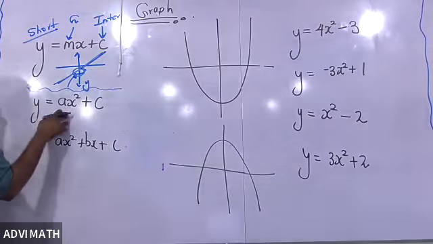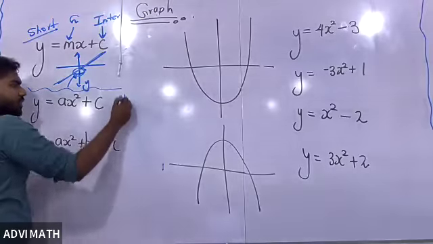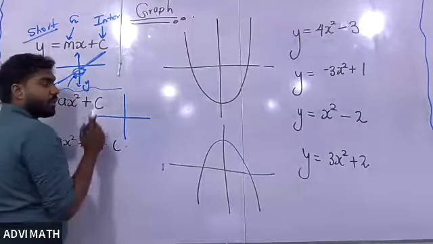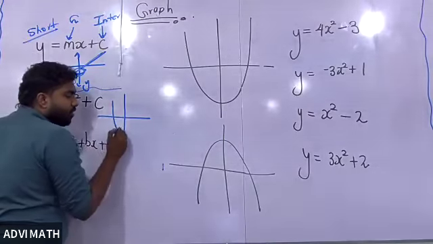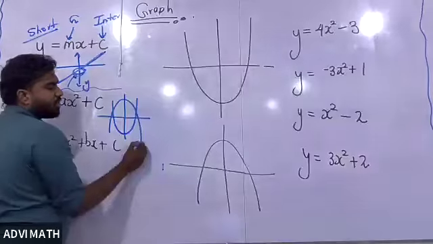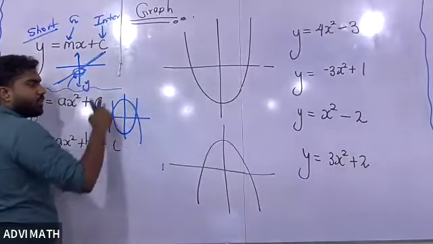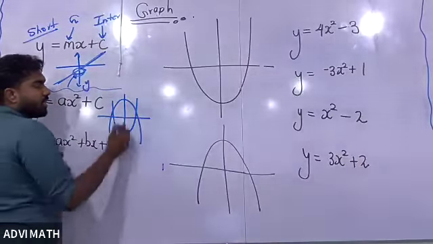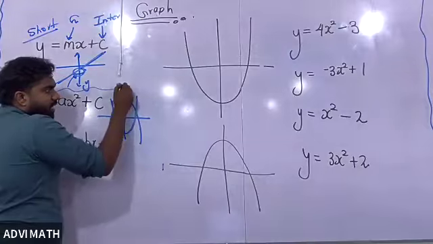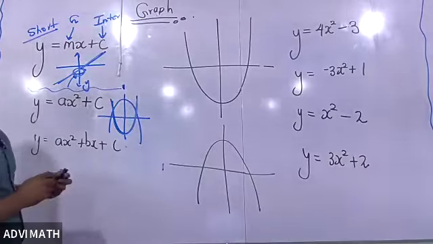Y equals ax squared plus c. This is a parabola. A parabola is a graph where you have your minimum and your maximum values. That means it's like a curve, like a U-turn. So when I divide this graph, guys, look at the board.